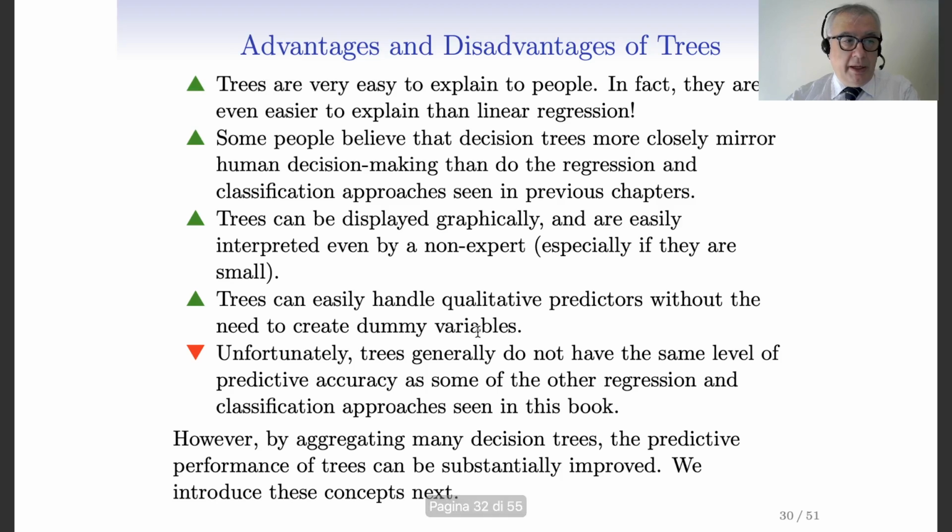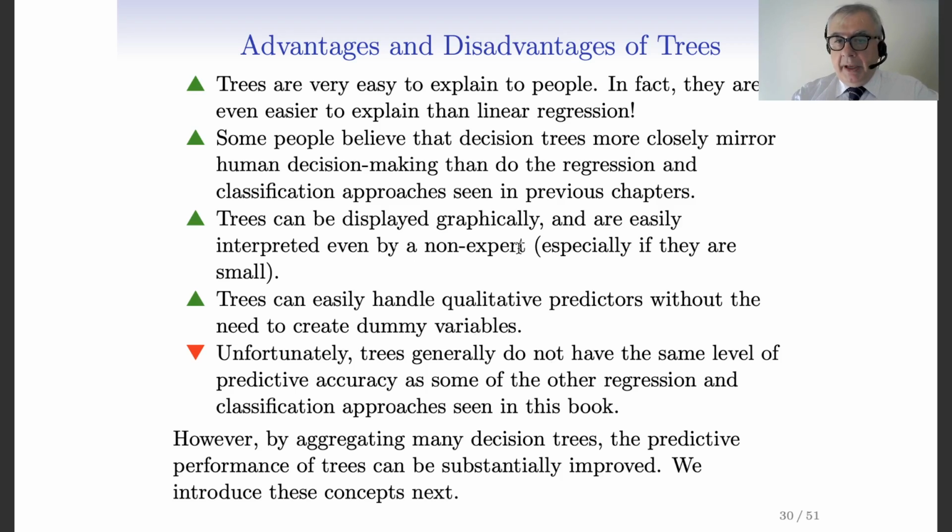So, some advantages and disadvantages of trees. As I said, they are very easy to explain, even easier than linear regression. Some people believe that they mirror closely human decision making. Human decision making is often based on rules, and therefore trees could be closer to human reasoning than other regression and classification approaches.